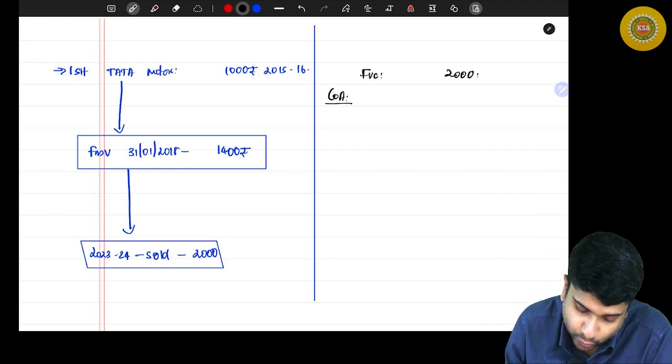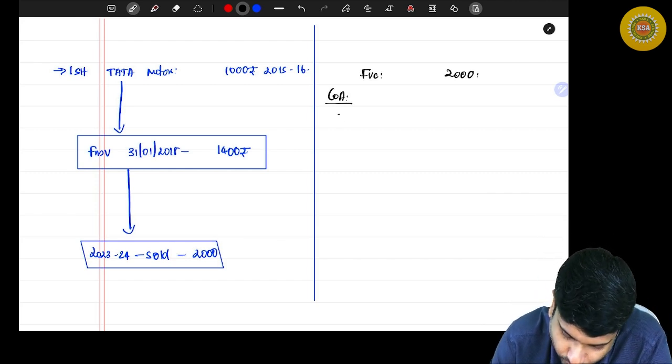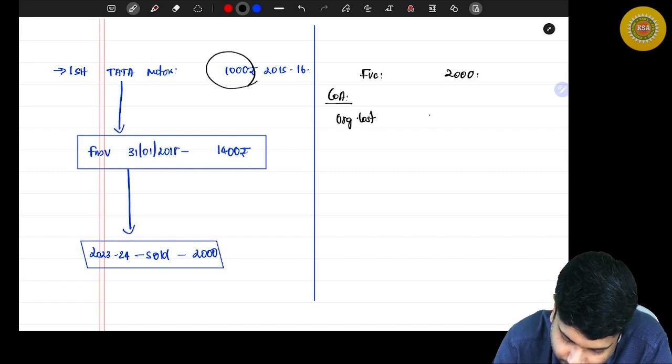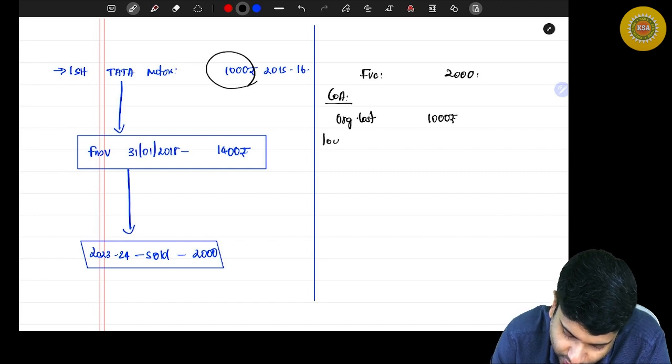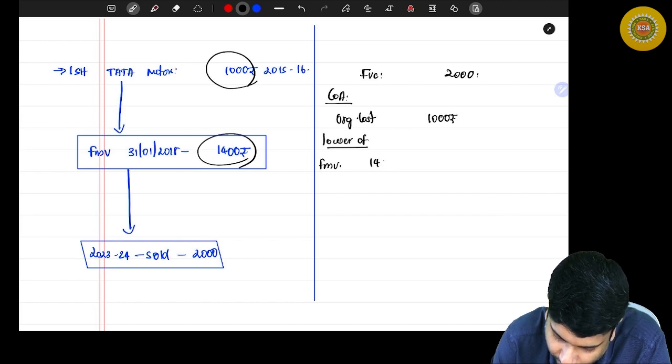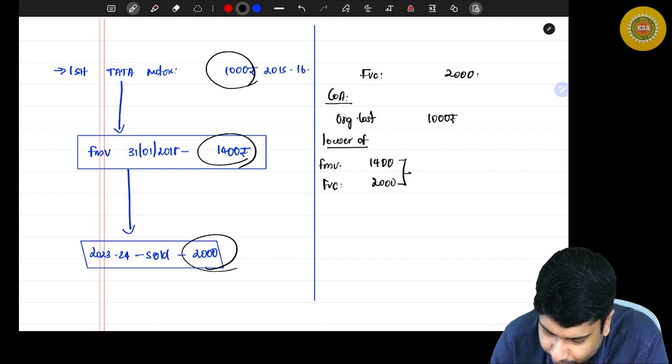So what you need to do is, you need to take the original cost first. How much is the original cost? 1,000 rupees. Let it be there. Now you need to take the lower of the fair market value as on 31st January 2018, that is 1,400, or the full value consideration 2,000, and you need to pick the lower. Which is lower? 1,400.